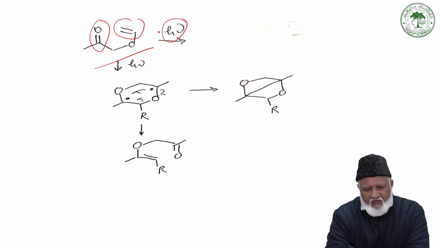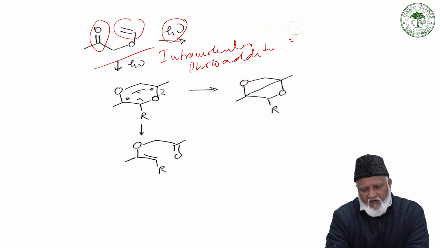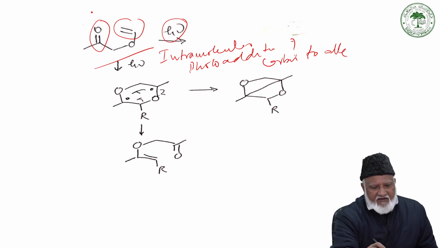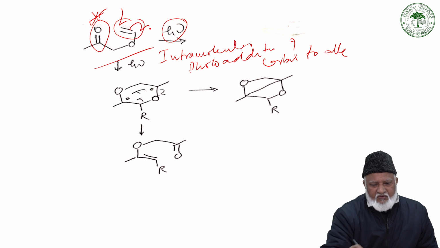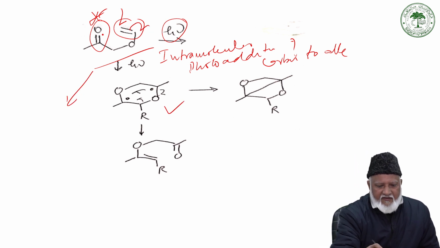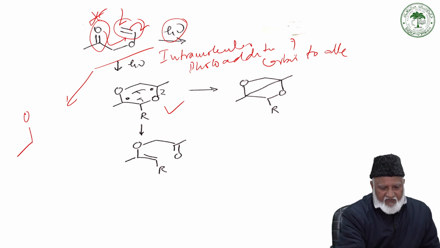Intramolecular photocycloaddition, photoaddition of carbonyl to alkene takes place, and here you can see that in the presence of light, the excited carbonyl can add to this to generate a radical here, or there is another possibility that this excited carbonyl might add to this.